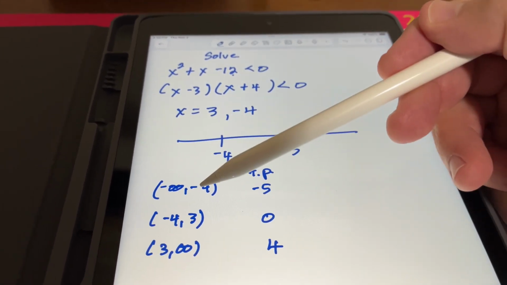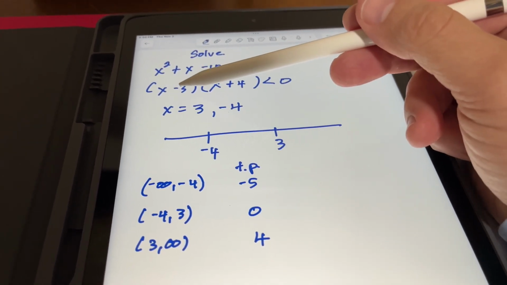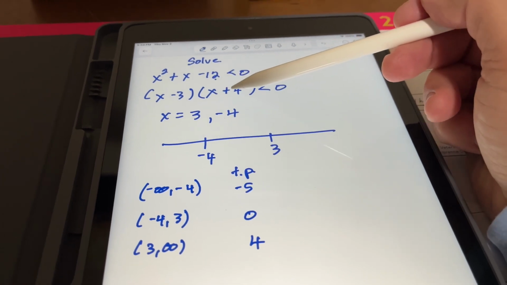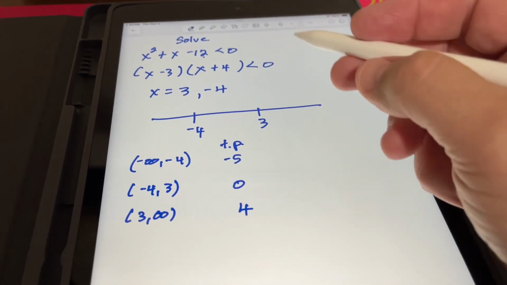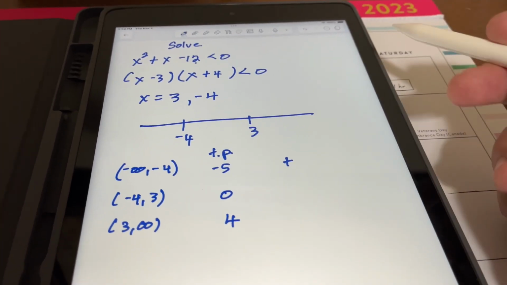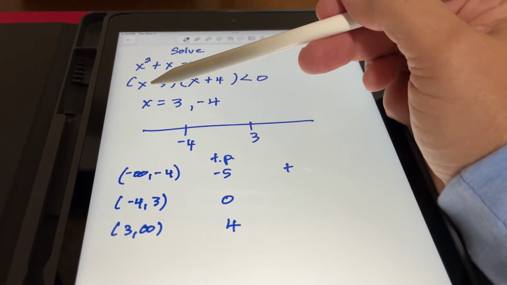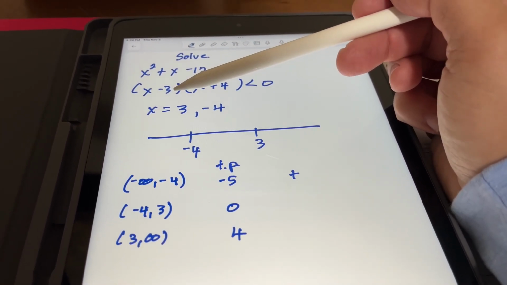So in this region, I'm using negative 5, and I'm going to put it right here. So negative 5 minus 3 is negative 8, and negative 5 plus 4 is negative 1. Negative 8 times negative 1 is a positive. So that yields a positive answer. You see how I did that? I took negative 5 and I put it right here. Negative 5 minus 3 is negative 8. And I'm holding that in my brain.